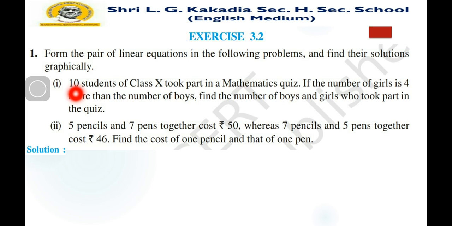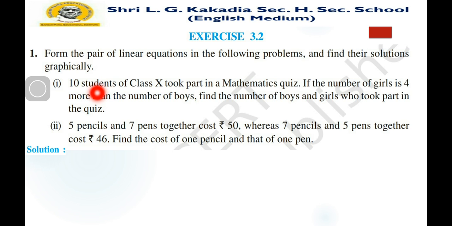Here from the first line we get the first equation. There are 10 students who have taken part in the mathematics quiz. So the number of girls is x and the number of boys is y, then x plus y is equal to 10, because the total number of students is 10.